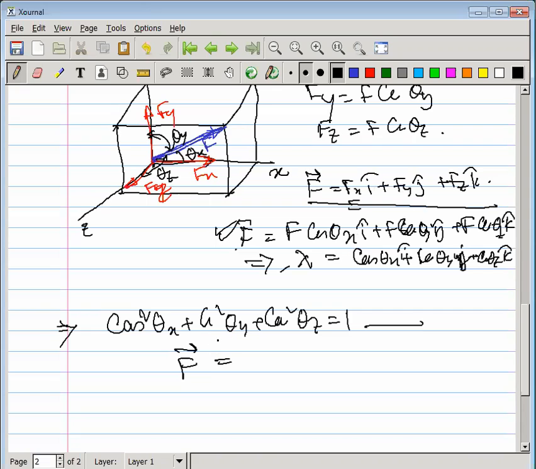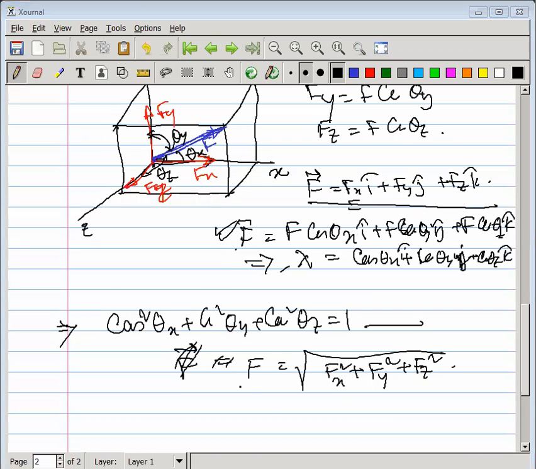So to find out the magnitude of that force vector, we can write F is equal to root over of all three components. These are all scalar quantities in the direction of x, y, z. So root over of all their squares, we can get the magnitude. This is the magnitude of force.